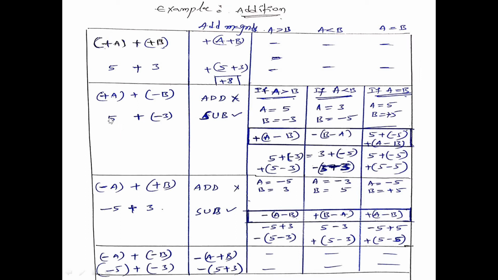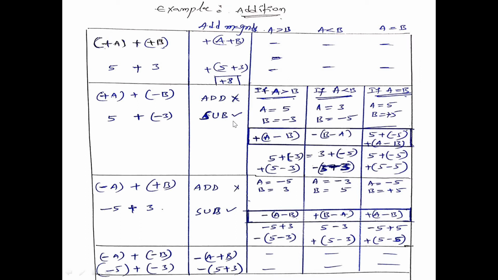In this case, the operation is A minus B, the actual operation, plus into minus. Between A and B, we observe the A minus B operation, which means a subtraction operation, so there is no possibility for addition magnitude representation.